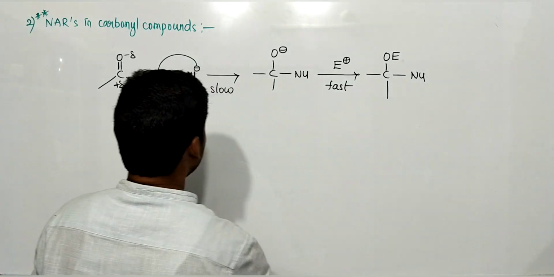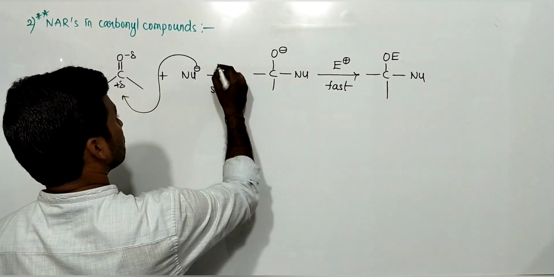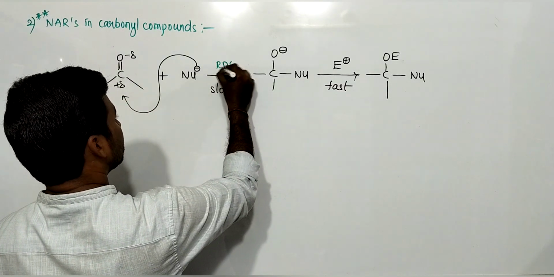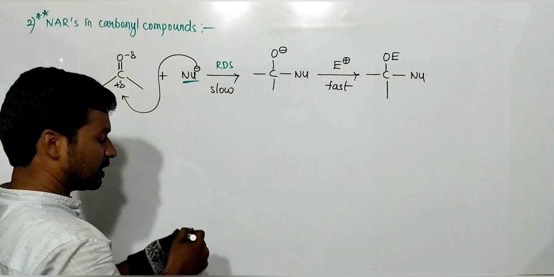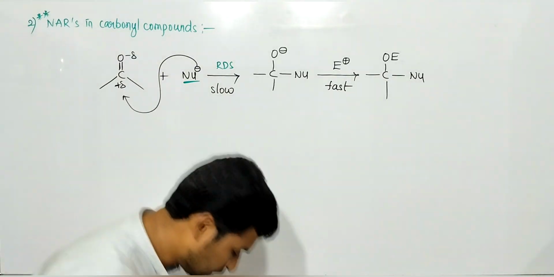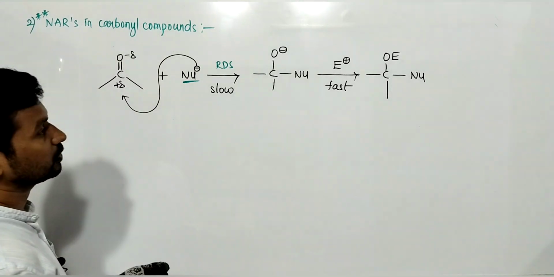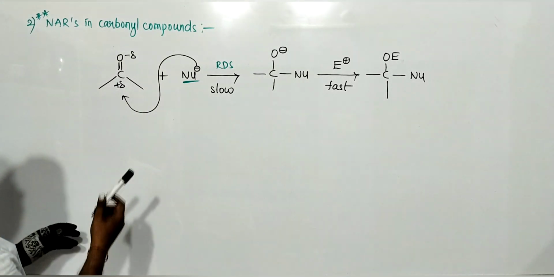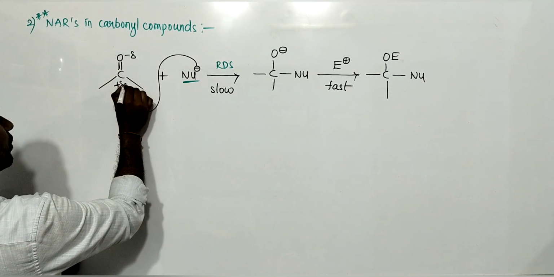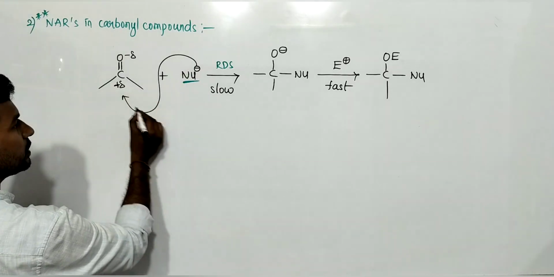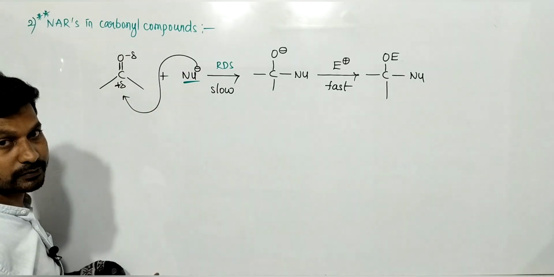And we also know slow reactions are what? Slow reactions are the rate determining step. In the rate determining step, what is added? The nucleophile is added. So this is a nucleophilic addition reaction. Okay. So if this carbon becomes more positive, the nucleophilic addition reaction becomes faster.